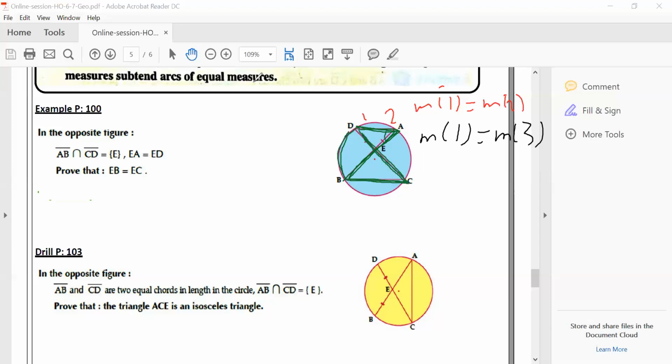So the two angles are equal in measure because they are subtended by the same arc. If I name this 4, now measure angle 2 equals measure angle 4. Angles 1 and 2 are equal, so if I remove them, they are equal. So now measure 3 and measure 4 will be equal in measure. So EC equals EB.